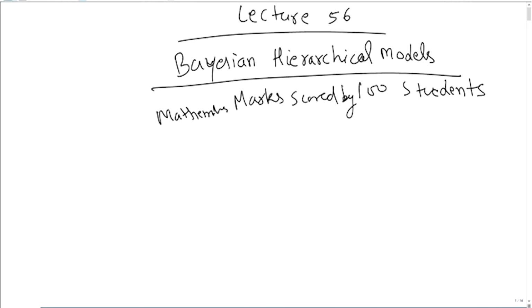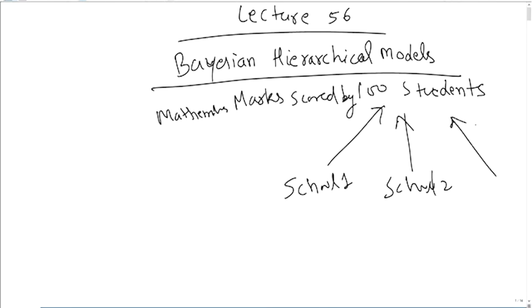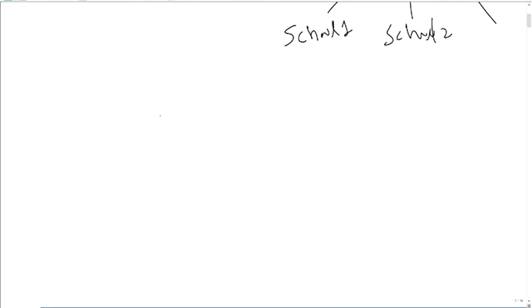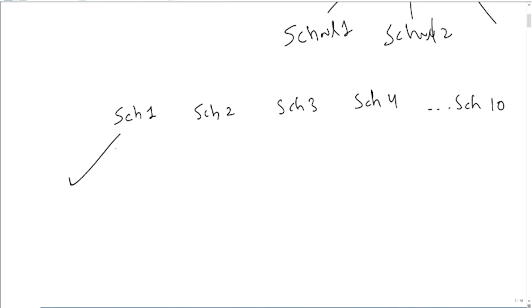But all these students are not from a single school, they are coming from multiple schools. So let's say school 1, school 2, and so on, such that from each school you have 10 students. Let's say school 1, school 2, school 3, school 4, up to school 10, and from each school you have 10 students.